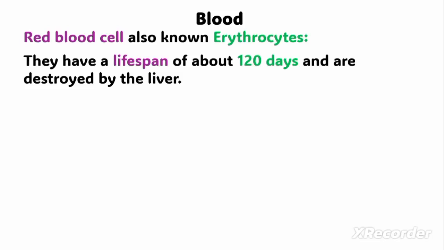Whenever you see 1 milliliter of blood, just know that that volume contains 5 to 6 million red blood cells, and we are given the lifespan of red blood cells here.